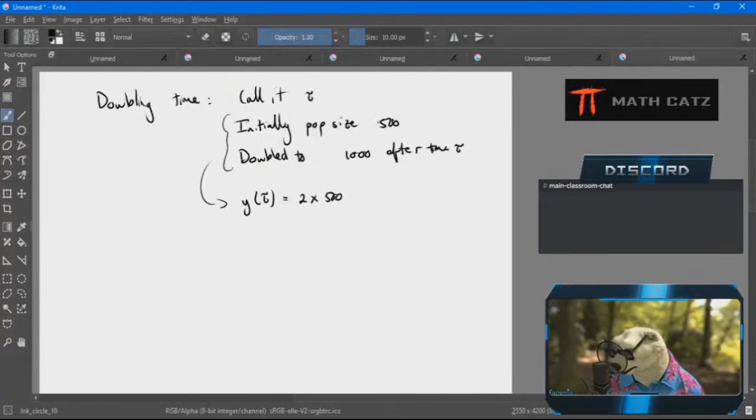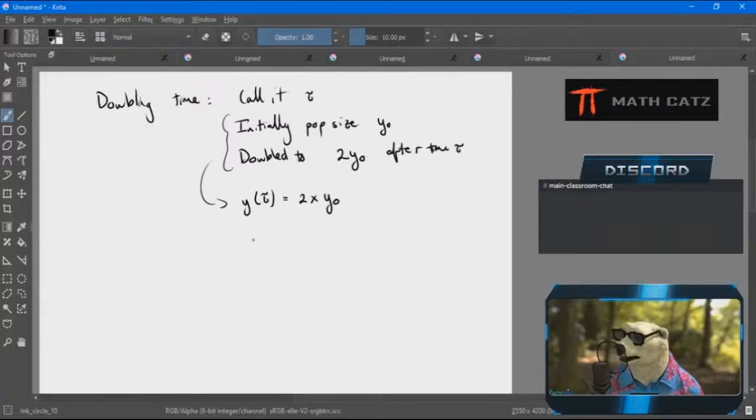Now, I'm not married to the 500. It could be anything. Let's change it. If I make that y0, any initial population size, then I have to change these as well. It doubled to 2 times y0.